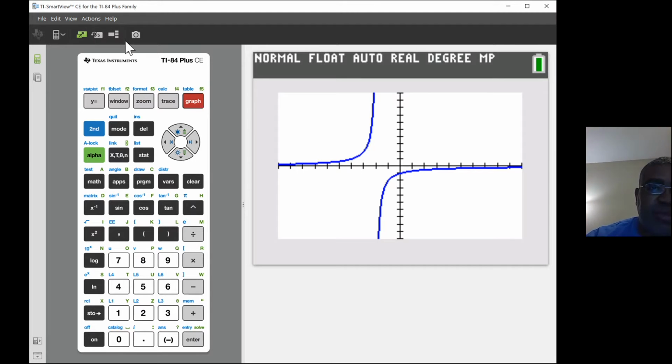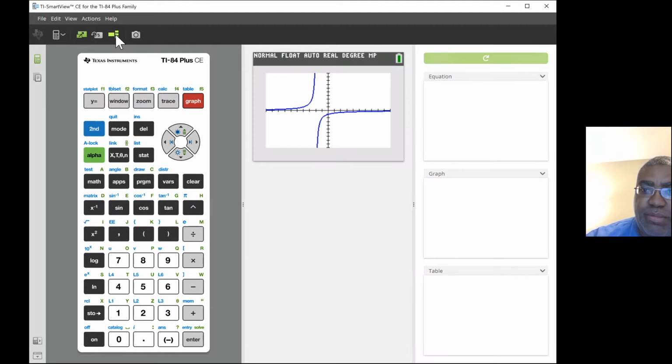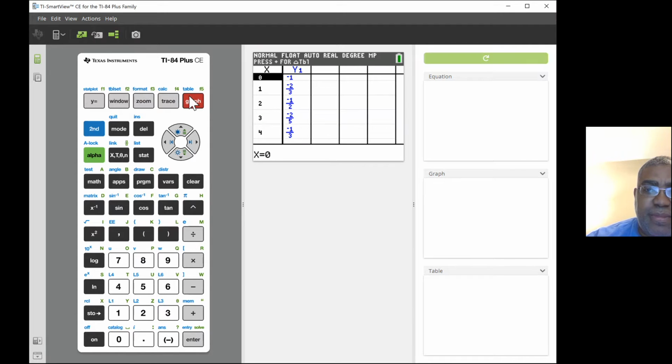But that's not what we want to see. I want to see my table. So let's just do it the old-fashioned way. Table. So this table will give me all of my values. I know that my asymptote is at negative 2. That's why there's an error there.